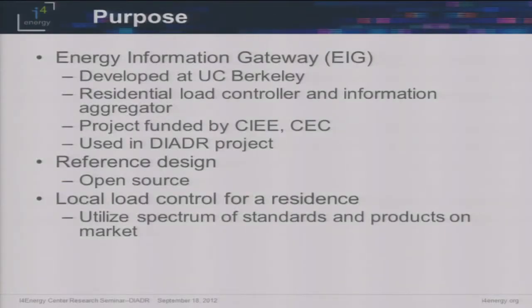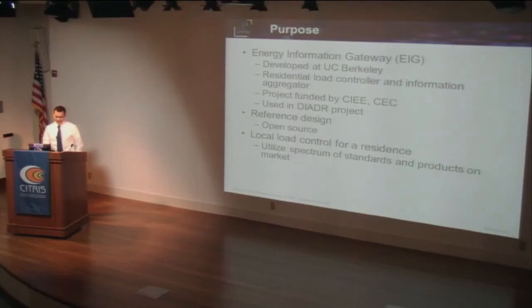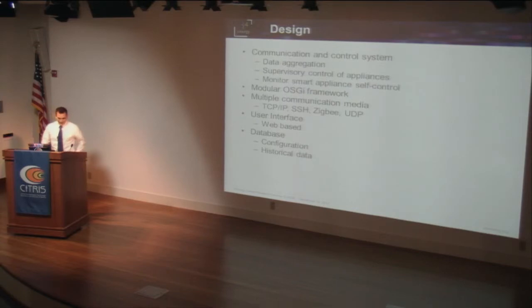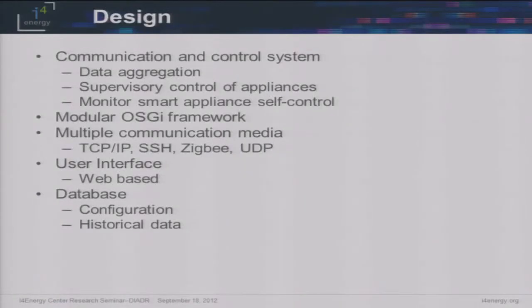The gateway is being developed as a reference design that's completely open source, and it provides local load control for residents in the residential case, and it utilizes a spectrum of standards and products in the market right now.